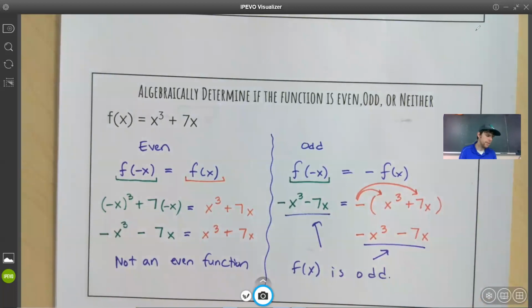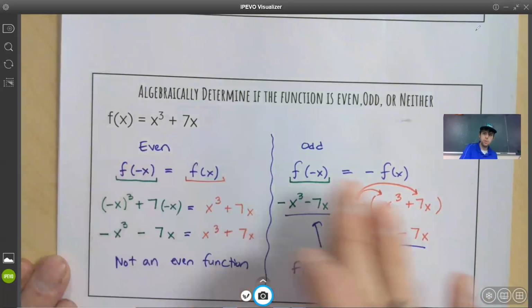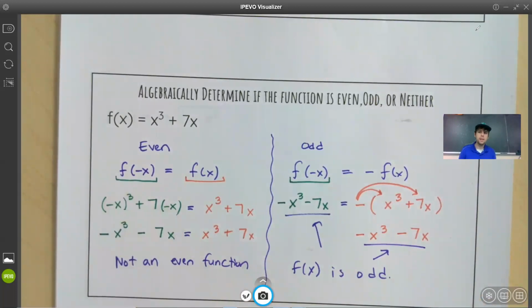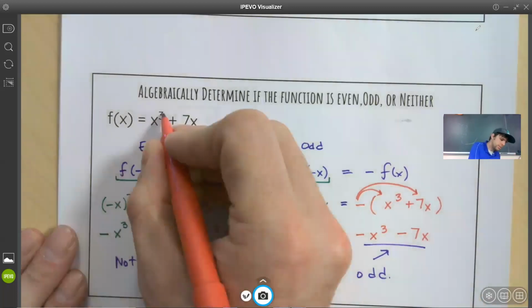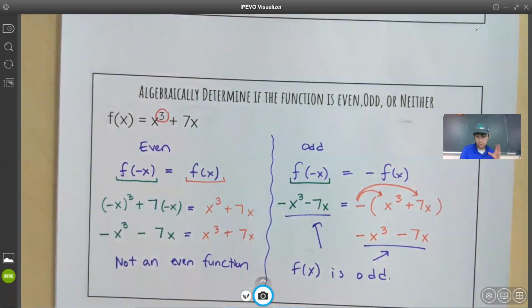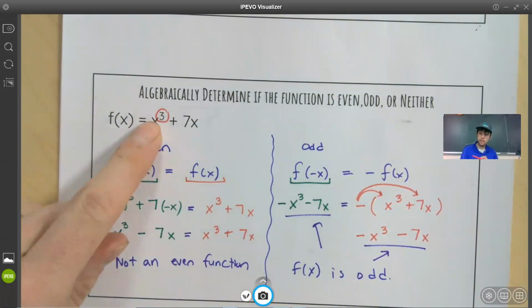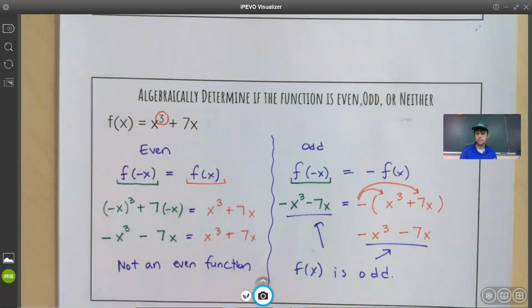So there are some shortcuts we can do with this. We won't necessarily have to test both things every single time. You may find that the first one you test is what is going on, but particular to polynomial functions, the highest power should give you an indication of what it could be. Doesn't mean it will be. This number is odd, therefore I should test to see if this is an odd function.